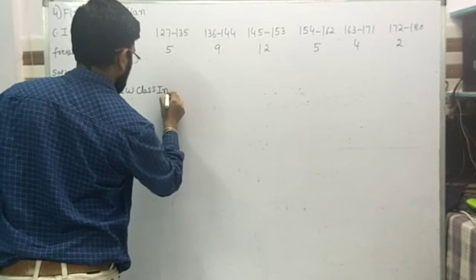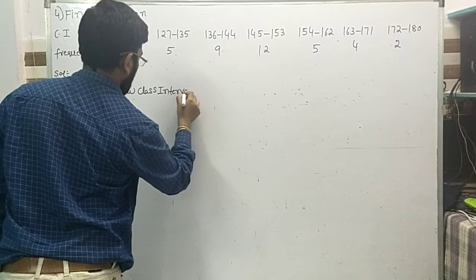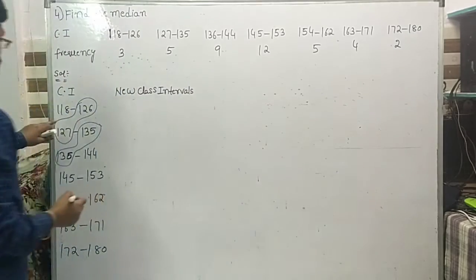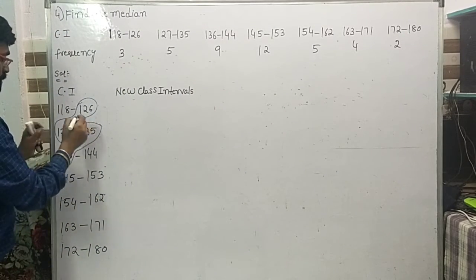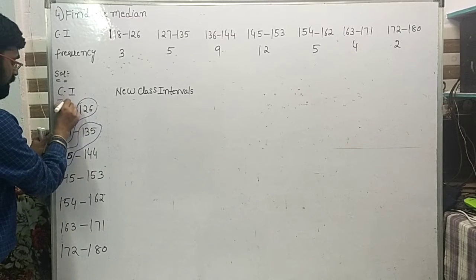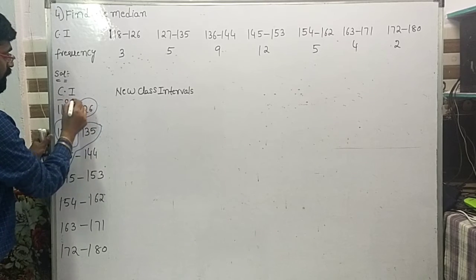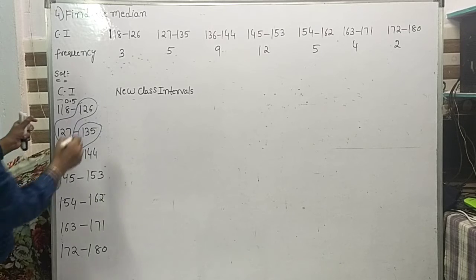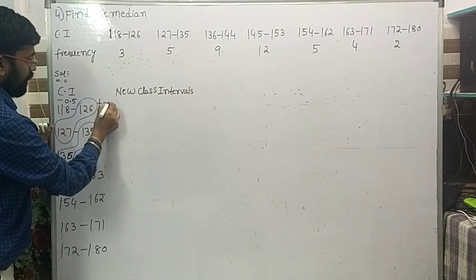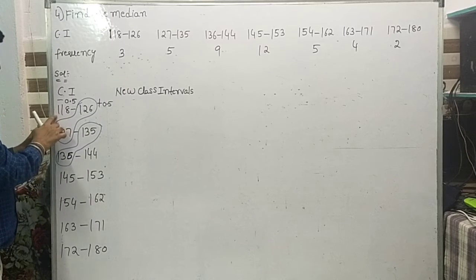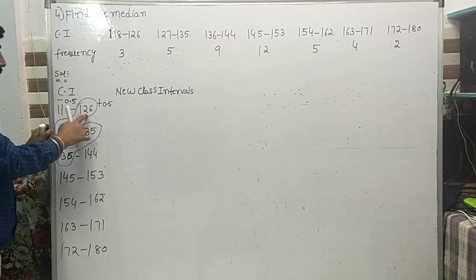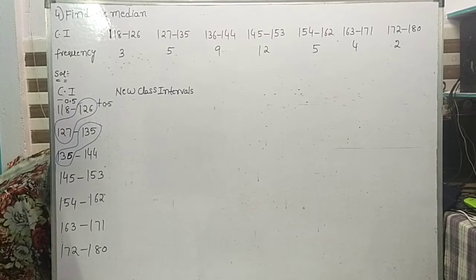So we need to subtract 0.5 on the lower boundary side and add 0.5 on the upper boundary side.